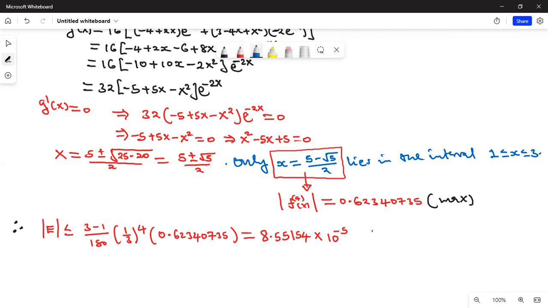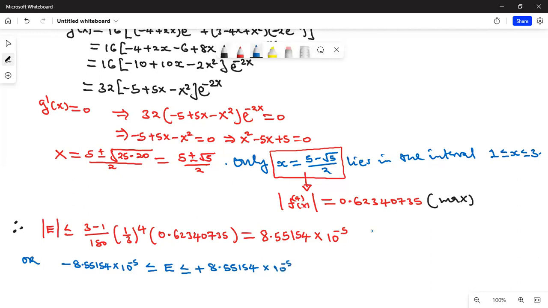Let me write this down here. You can say, negative 8.55154 times 10 raised to negative 5 should be less or equal to our error E, less or equal to positive 8.55154 times 10 raised to negative 5.